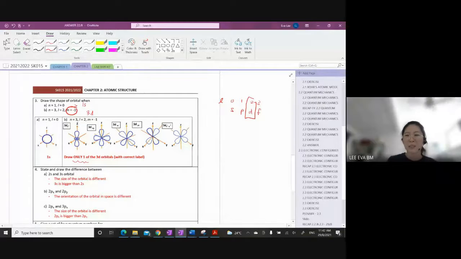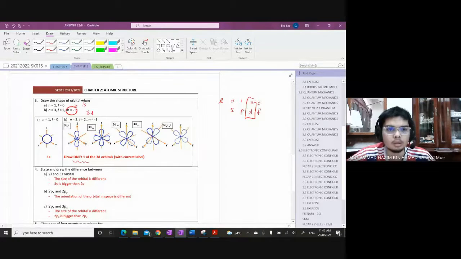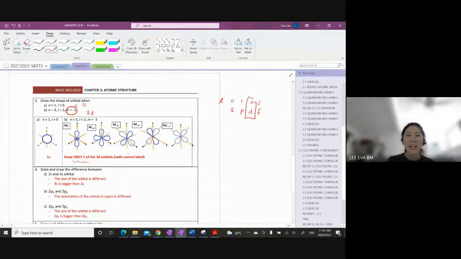Yes, correct, because we know all the d orbitals in the same subshell are degenerate, the same energy. So if I represent this one as -2, -1, 0, +1, +2, or maybe I want to swap it, I want to put this one as 0, this one +2, this one +1, this one -1, -2, it doesn't matter because all of them have the same energy.